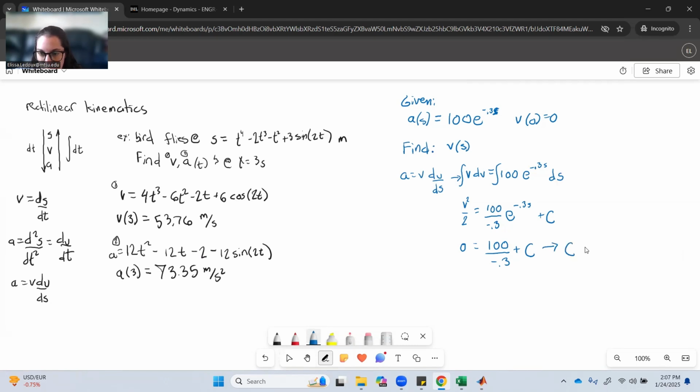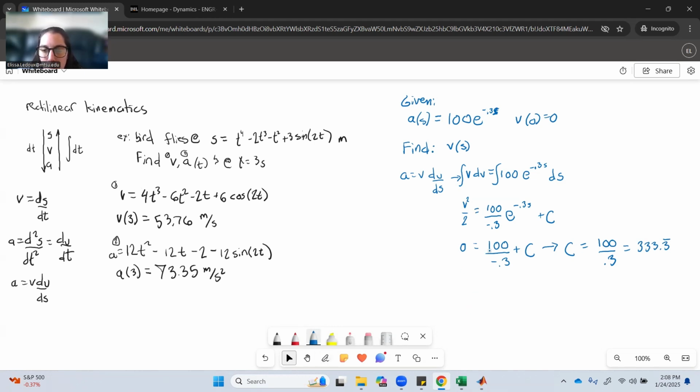So this gives us that the constant equals 100 over 0.3, the positive version. It does not matter if the negative sign is in the denominator or the numerator. Typically, you would put it in the numerator. So one thing that we can do here is, this is 333.3, like that.